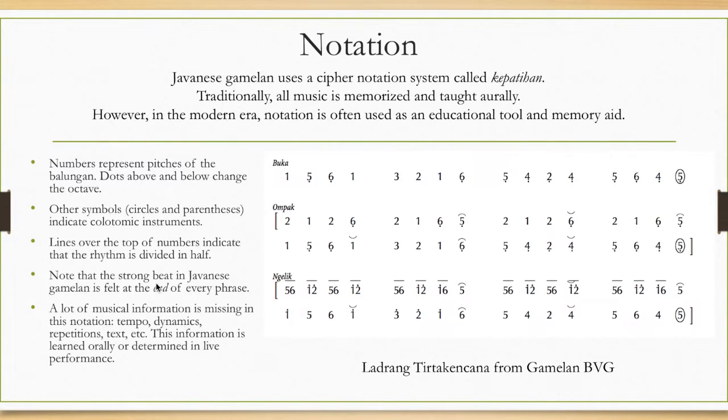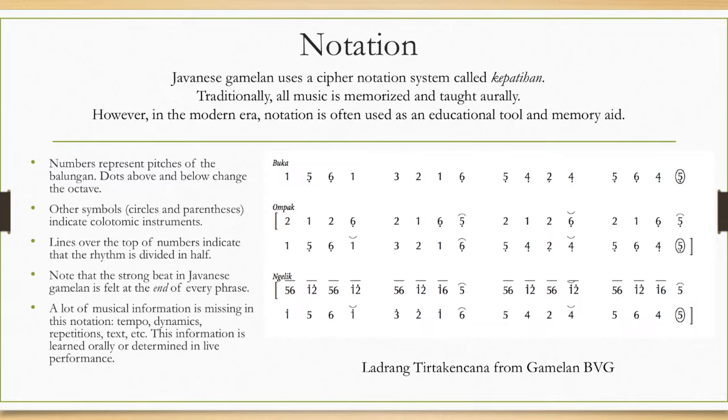One really important thing to note is that you see how these are divided into these little 4-note groups. Those are called a gatra, G-A-T-R-A, right? Now, a really important thing, which is a little bit different about Indonesian music as opposed to Western music, for example, is that the strong beat is actually felt at the end of each 4-beat phrase. That might seem arbitrary, but it's actually a really important part of the music, and we're going to be talking about that next week.